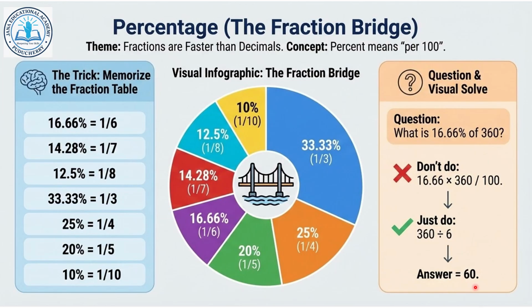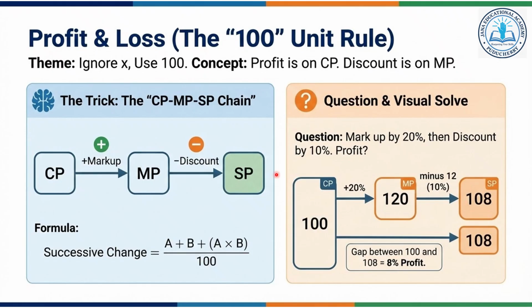So it can be calculated easily this way, by converting the decimals into a fraction. So keep in mind that whenever the problem has decimal percentages, convert them into fractions. Okay, go to the next slide.